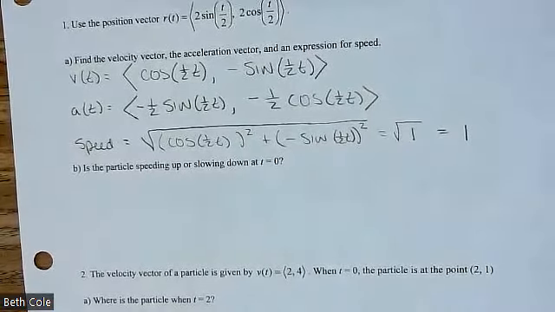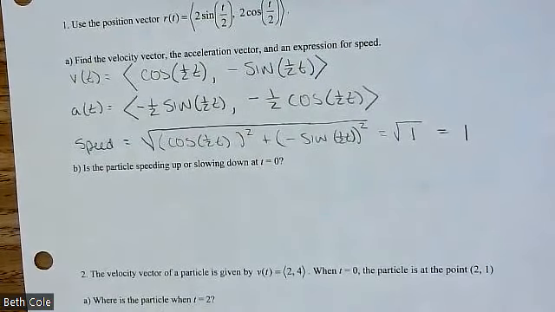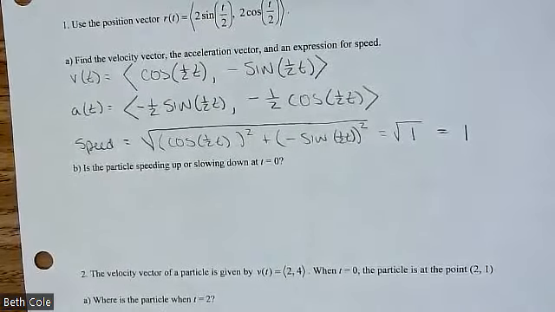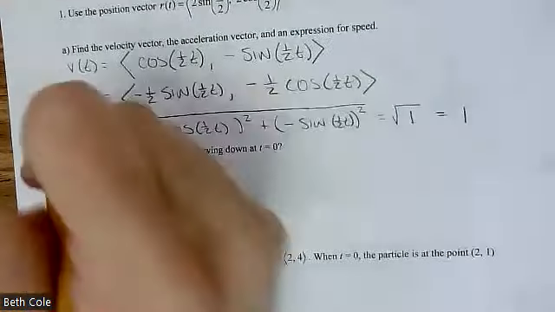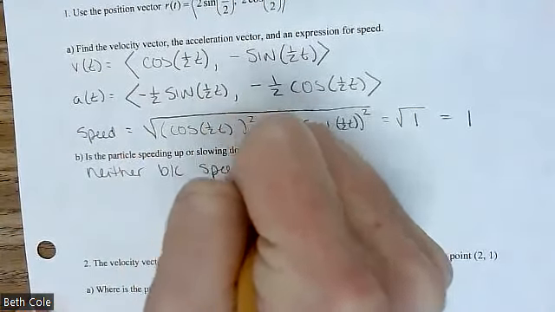So that tells us our speed is constant. It's like you're on cruise control, right? So for part B, when it says, is the particle speeding up or slowing down? Neither, because speed is constant.